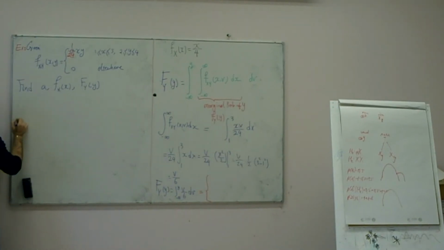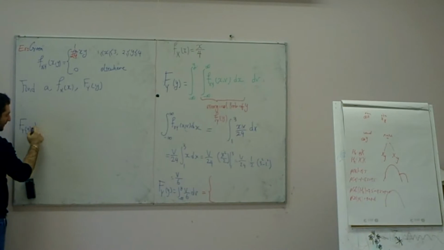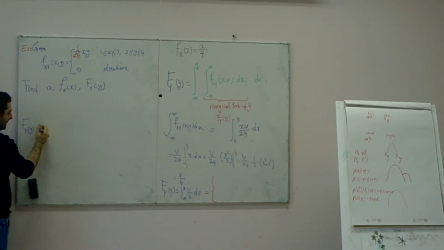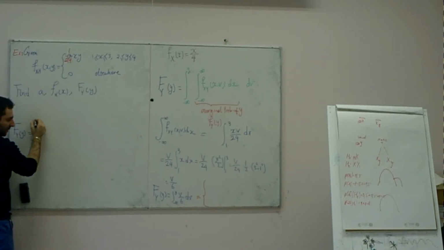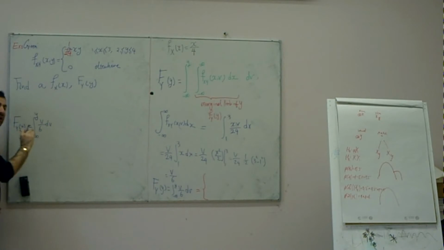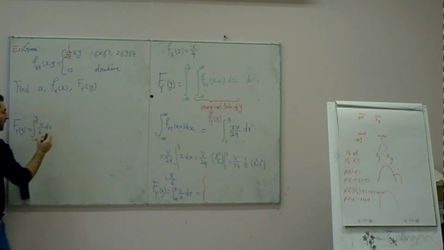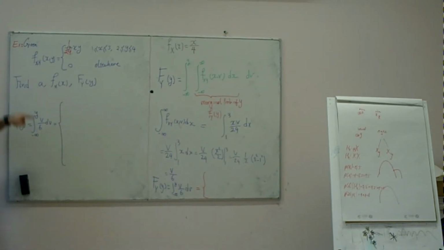I want to find f of y, and I know that this is the integral from minus infinity to y of v over 6 dv. Up to here there is no problem. But the question is this. What is the value of y?